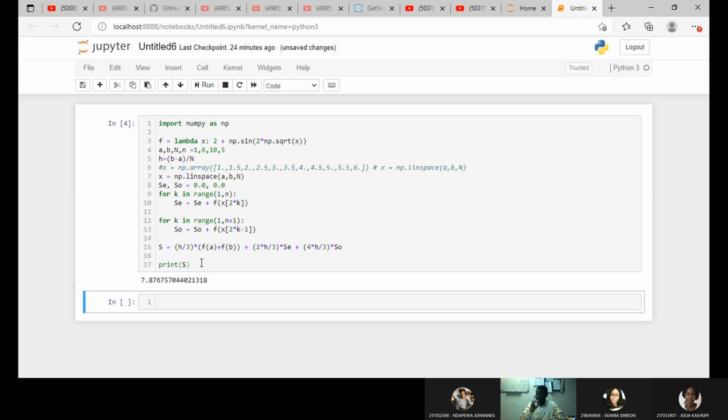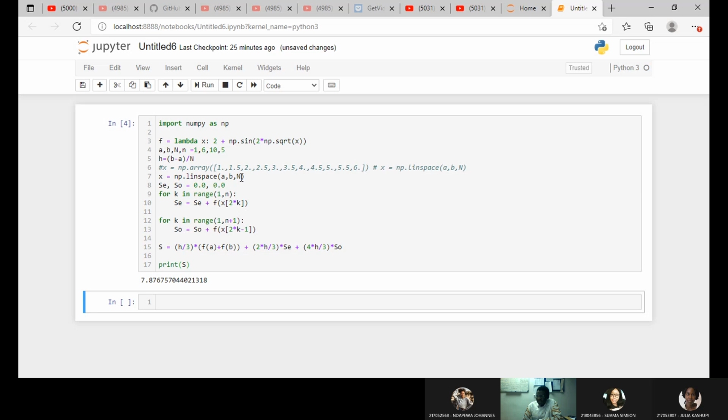Now it gives 7. So what did I do wrong in this linspace? It's as if there are fewer points than n. If you take b minus a and divide by 10, that's exactly what I have here.